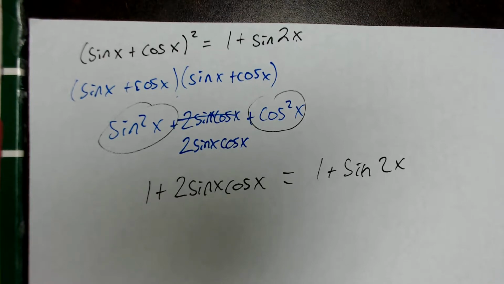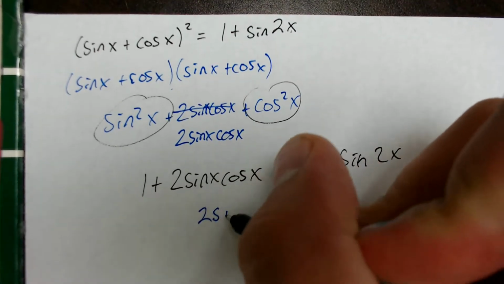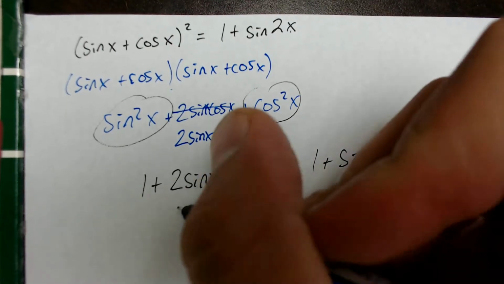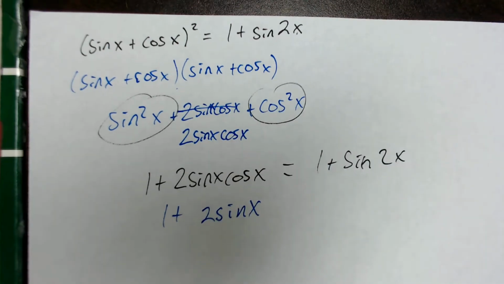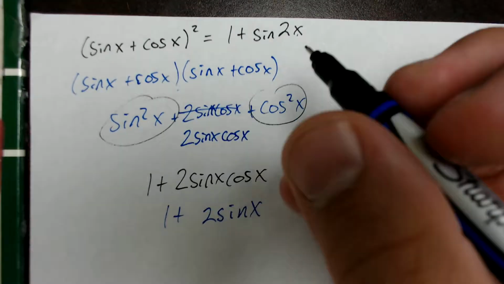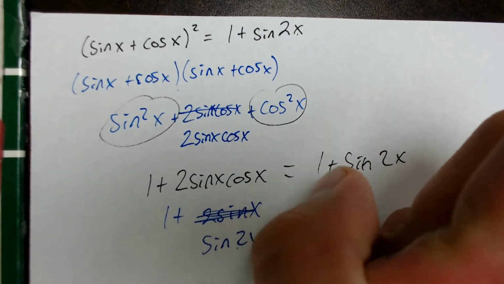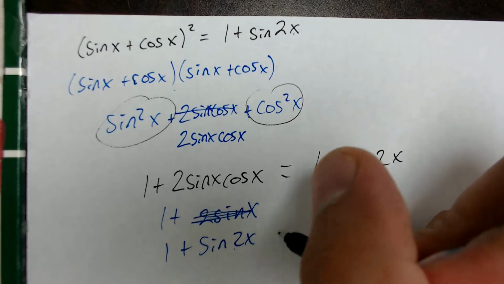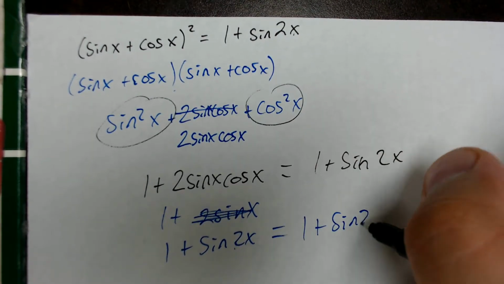So through a little substitution, this now becomes 1 plus, oh wait, did I do that wrong? Yes, sine of 2x. Alright, and so then we've proved our trig identity, which equals 1 plus sine of 2x.